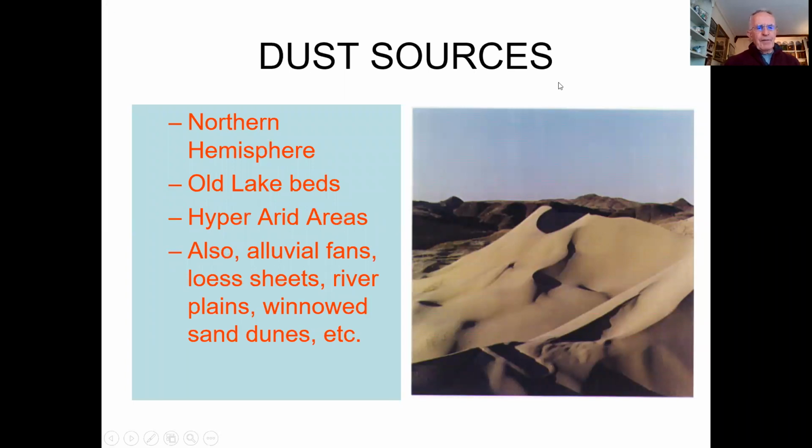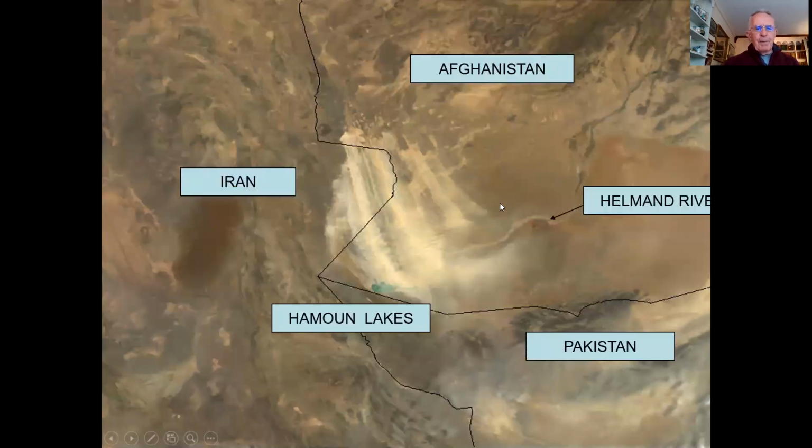And the dust comes from a whole series of sources. It's particularly serious in the Northern Hemisphere, particularly serious in the vicinity of old dried up lake beds, particularly serious in really dry areas, but also serious from various types of alluvial fan and so on. So here is a picture of the Seistan Basin at the borders of Pakistan, Iran, and Afghanistan, an area called the Hamoon Lakes.